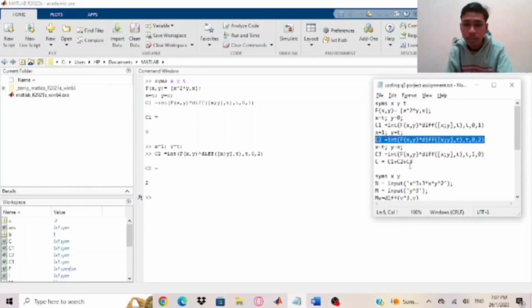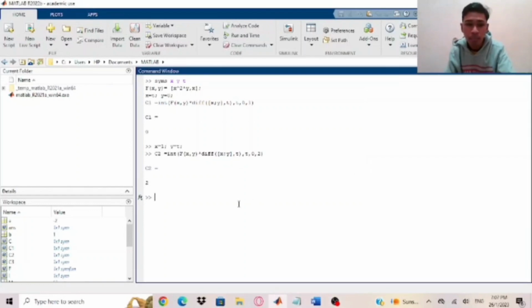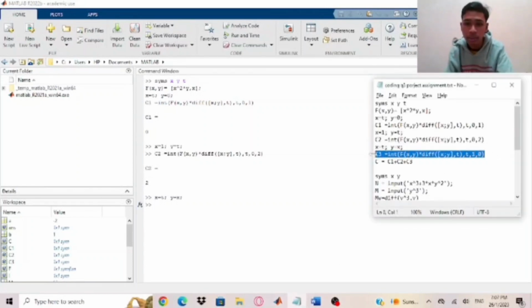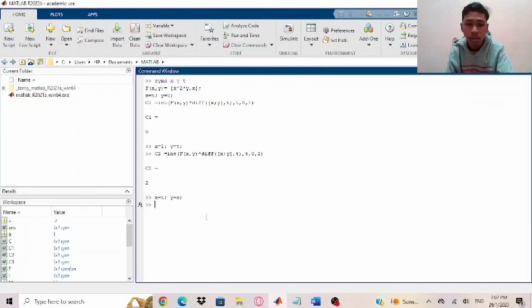Next is C3, and this is the integration for C3. We got -3/4. After that, we need to add up all of them, which is C1, C2, and C3.